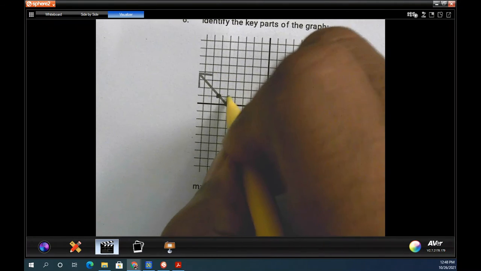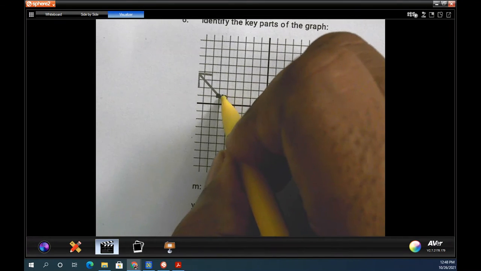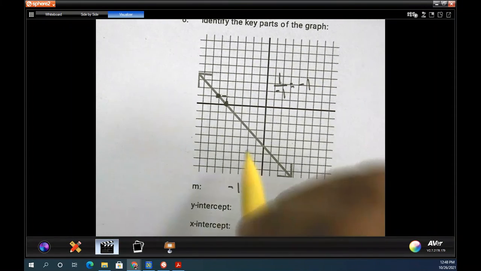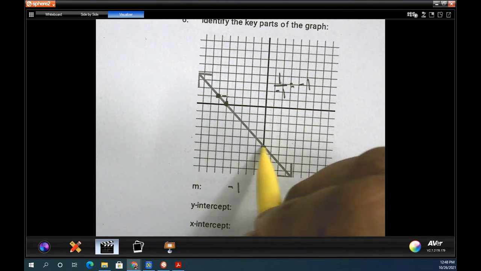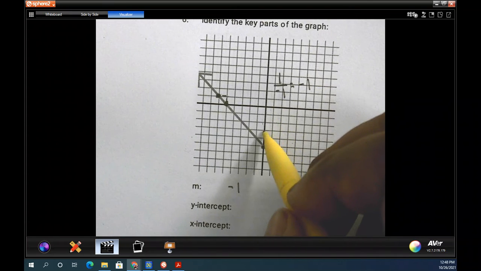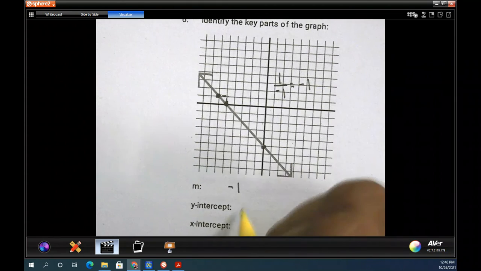It goes up 1. To the left 1, which makes it negative. 1 over -1 is -1. So m is -1. The y-intercept, way down here, where it crosses the y-axis. 1, 2, 3, 4, 5. 0, -5.